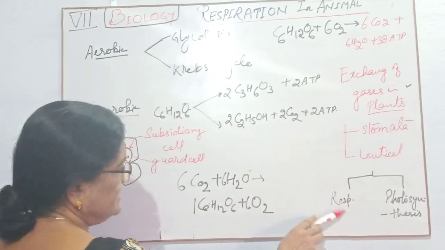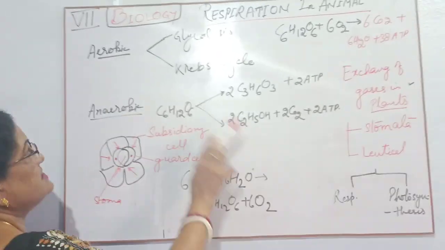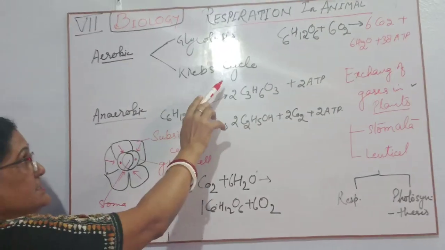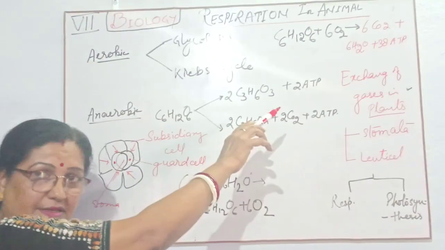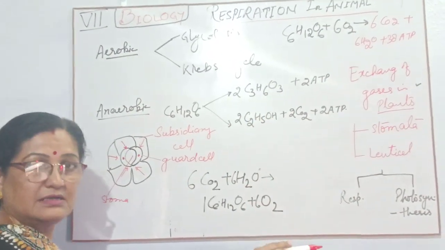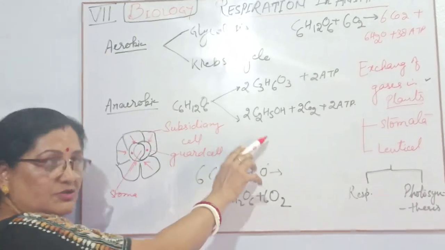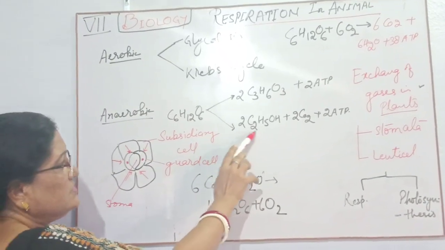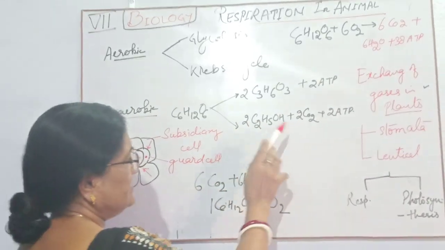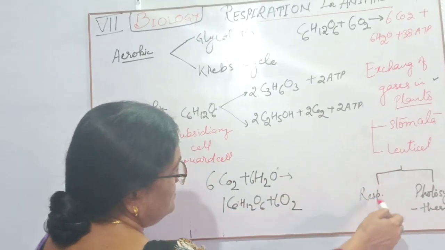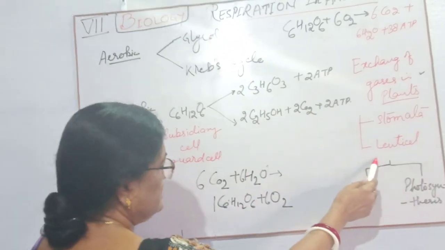Now respiration. Respiration in plants is similar to animals: if it is aerobic, then it is like aerobic respiration. Some bacteria have only anaerobic respiration, which leads to fermentation. So there are two holes, stomata and lenticel.